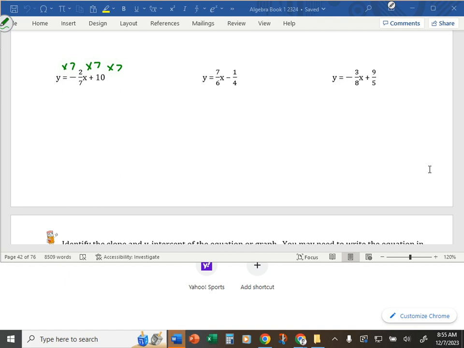When you actually do the math, negative 2/7 times 7 over 1 gives you negative 14 over 7, which equals negative 2, which is what you would have gotten if you just canceled those out straight away.